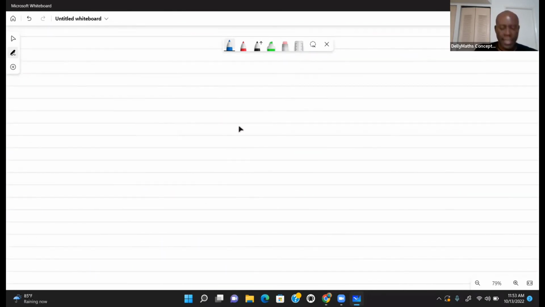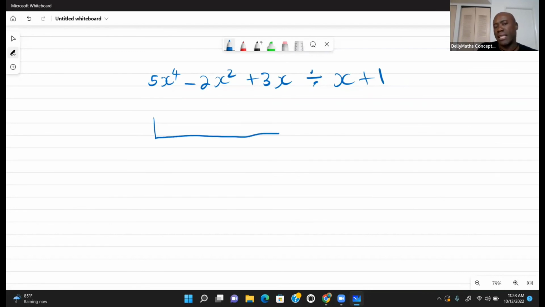Now, remember for synthetic division, we have to be very careful. So we're looking at, let me write this, 5x to the 4th minus 2x squared plus 3x, and we're dividing that by x plus 1. First thing that we have to remember, that synthetic division rarely goes in order.